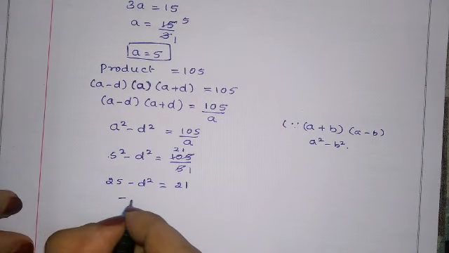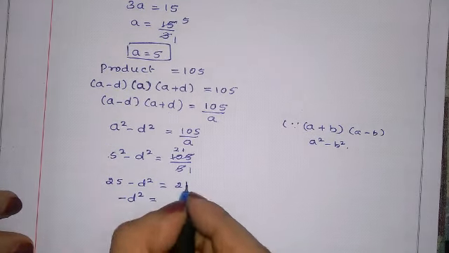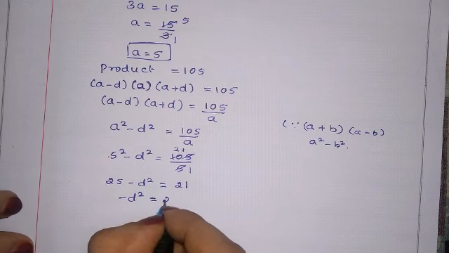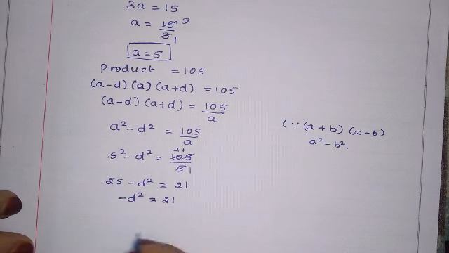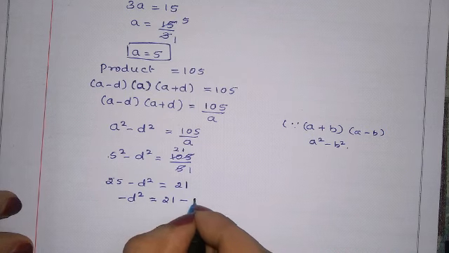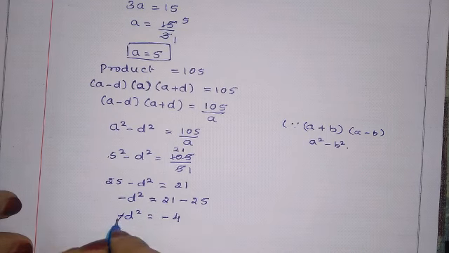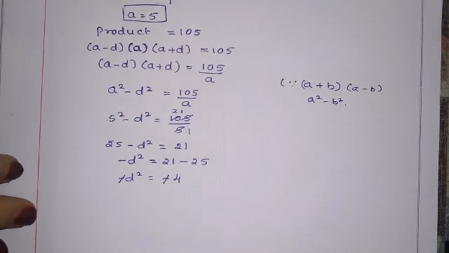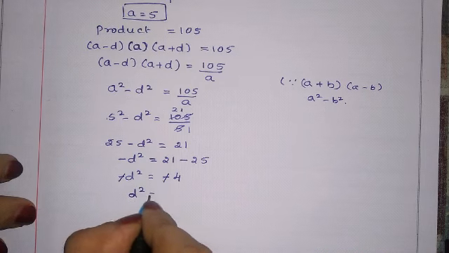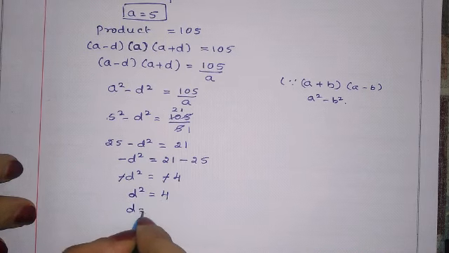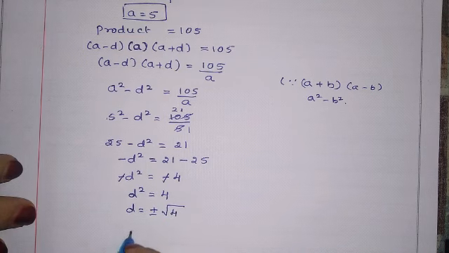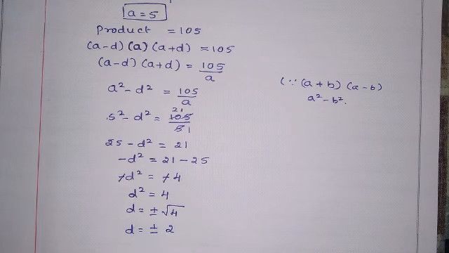So minus d square on this side only, after the equal sign 21 as it is, plus 25, if I bring it to this side it becomes minus 25. So minus d square is equal to minus 4. Minus minus gets cancelled. d square is equal to 4. d is equal to plus or minus root 4. So d is plus or minus 2.